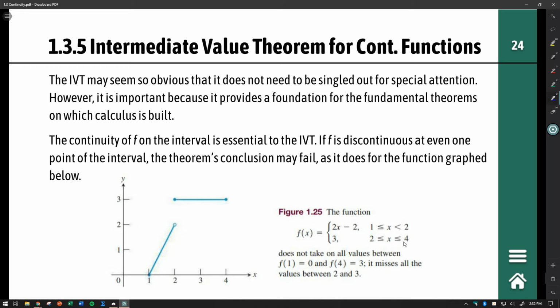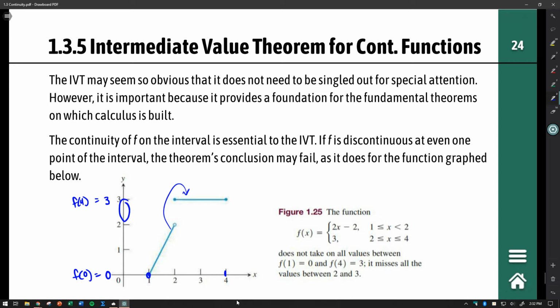So we look at, say, f of 1, and we have 0, and we look at f of 4, and we have 3. But this function does not take on any of the values between 2 and 3 because this function has a jump discontinuity at x equals 2.